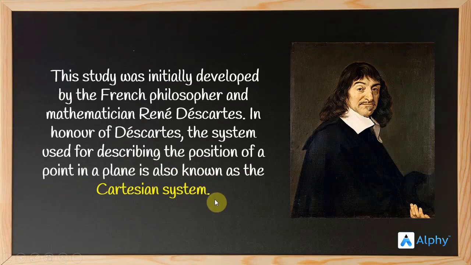René Descartes was a great French mathematician of the 17th century, and he liked to lie in bed and think. One day when resting in bed, he solved the problem of describing the position of a point in a plane. His method was the development of the older idea of latitude and longitude.